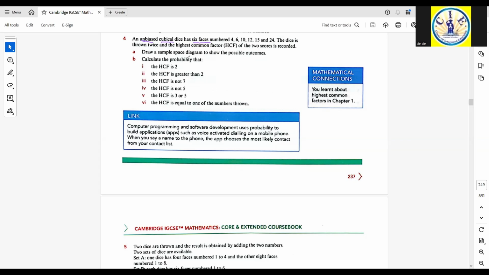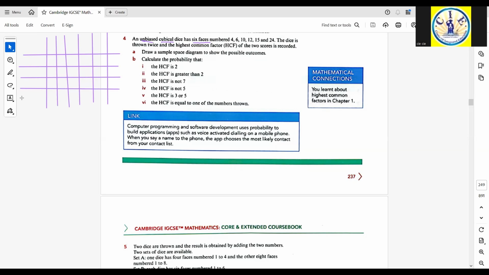let me do it. Let me write it down like this, this is for the first row, and this would be for the second.